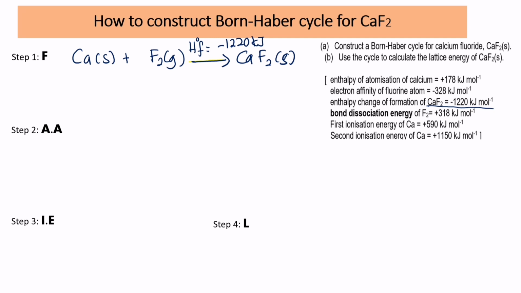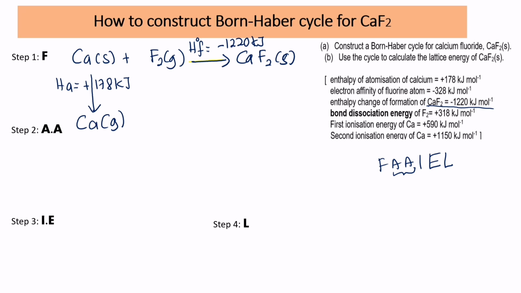Next is FAAIEL, so we focus on A. Atomization of Ca solid means that we want to form Ca gas. The enthalpy of atomization of Ca, ΔHa, is equal to positive 178 kilojoules. And next, bond dissociation energy of F2.